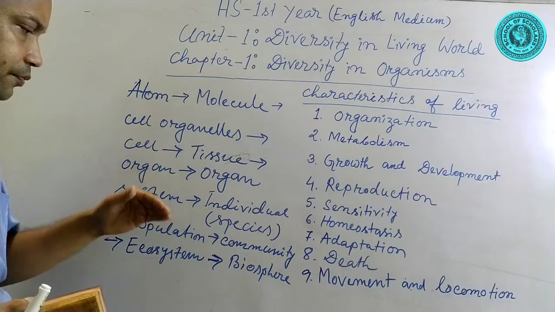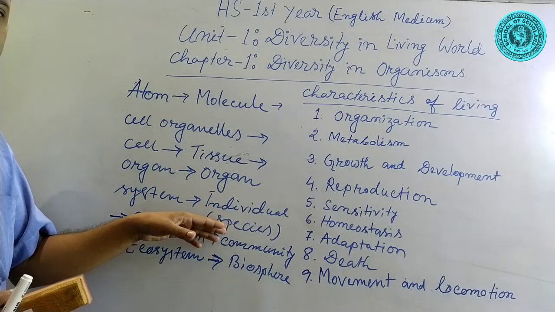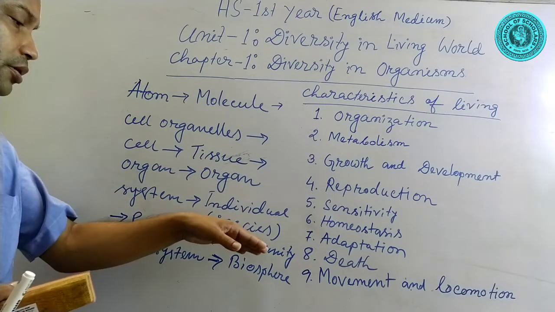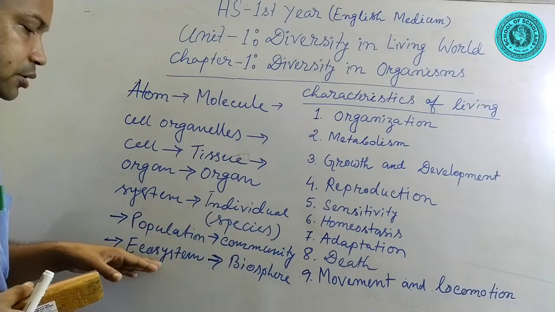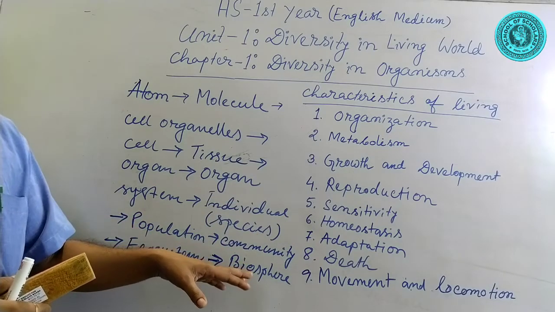biological organization. Second, after the formation of species, different members of a species form the population, then different populations form the community, then different communities form the ecosystem, and finally various kinds of ecosystems on this earth form the biosphere.